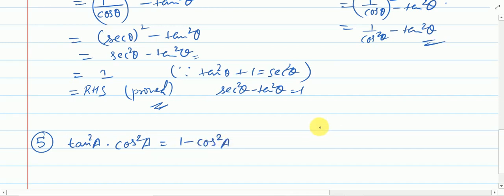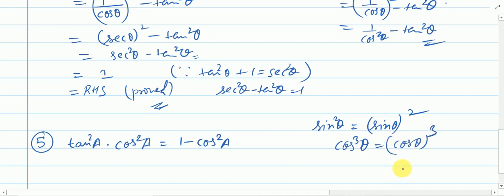One more thing before we do this question. If I'm writing sin square theta, this means sine theta whole square. And if I'm writing cos cube theta, this means cos theta whole cube.